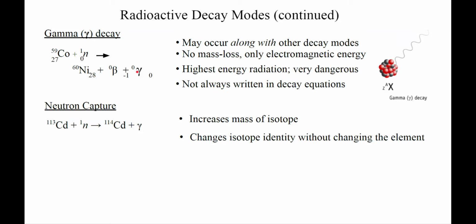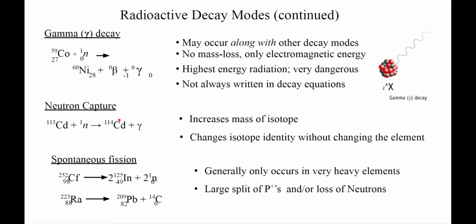There's neutron capture. So here the identity isn't changing. Cadmium can capture a neutron to become, instead of 113, 114. And so some isotopes can do that. Then there's spontaneous fission. Now, this is what you generally have happen with really, really large, unstable radioactive elements.